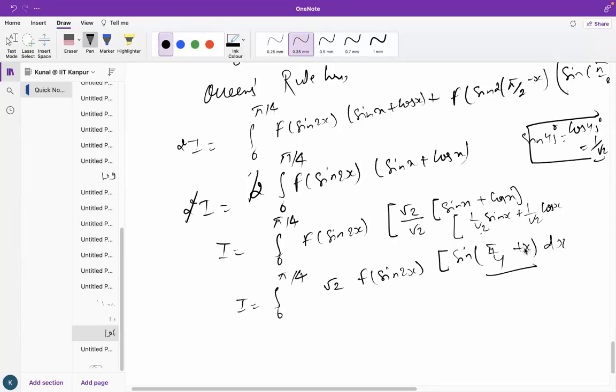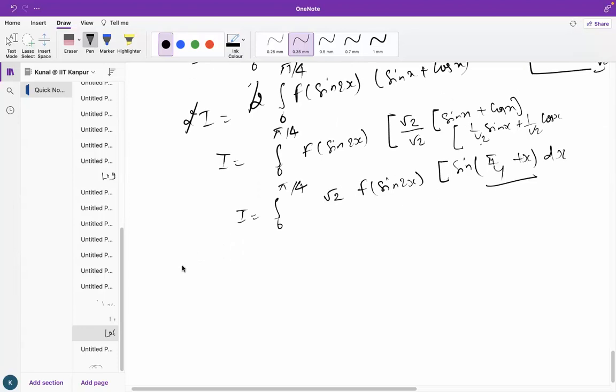Now what you have to do, let me write it here in a good way. So our I is equal to root 2, we are integrating from 0 to pi by 4 and f of sine 2x sine of pi by 4 plus x dx. Now just apply the King's rule again here.